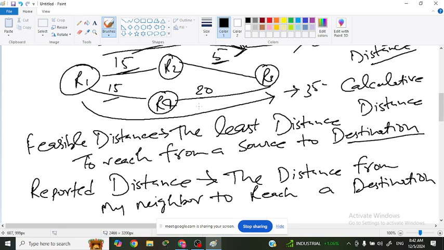So what will be the reported distance for this path? It will be 20. FD should always be greater than RD. What is the FD? The least distance, it is 20.